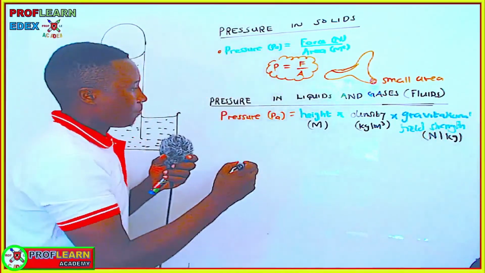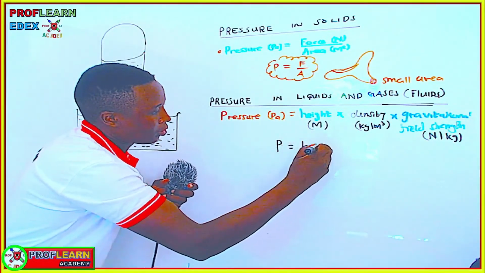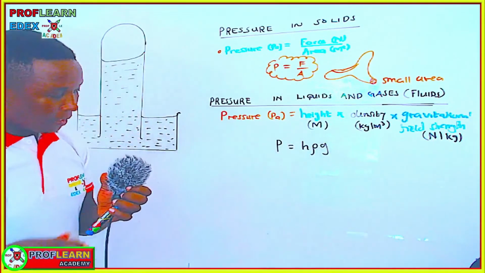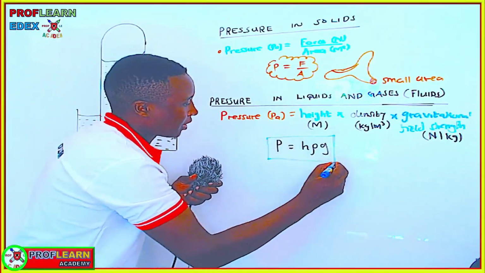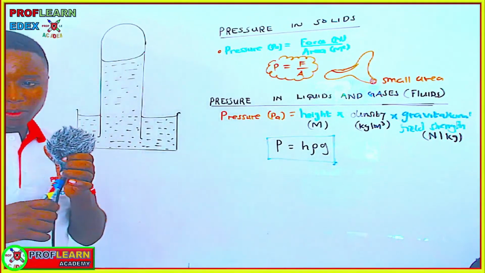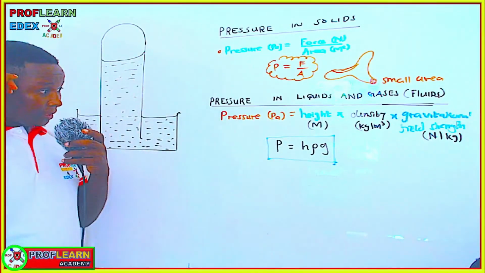So pressure equals h rho g, where rho is the density of that particular liquid.